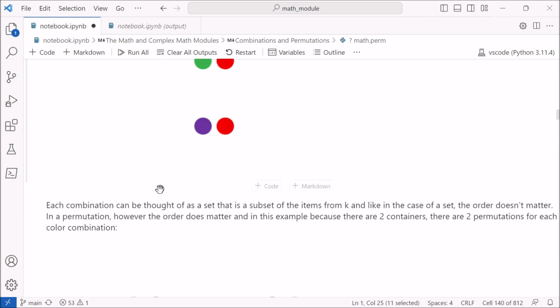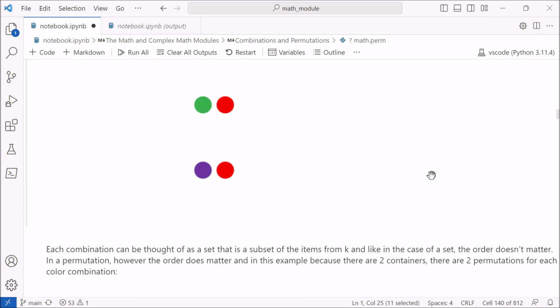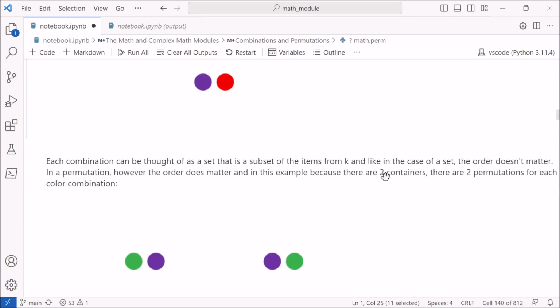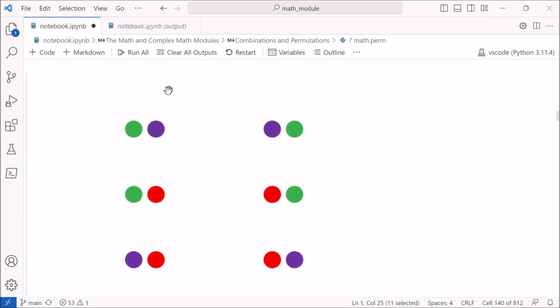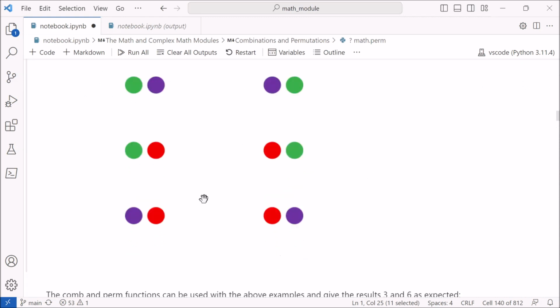And each combination can be thought of as a set, that is a subset of the items from n, and like in the case of a set, the order doesn't matter. In a permutation, however, the order does matter, and in this example, because there are two containers, there are two permutations for each color combination. So effectively, you could have this, or this, or this, or this, or this, or this.